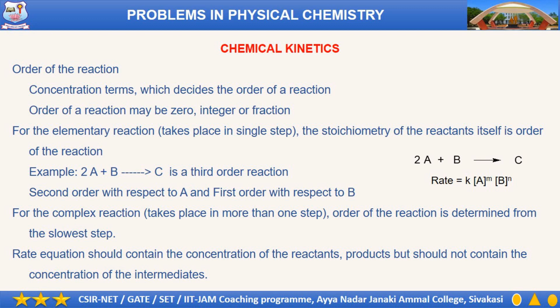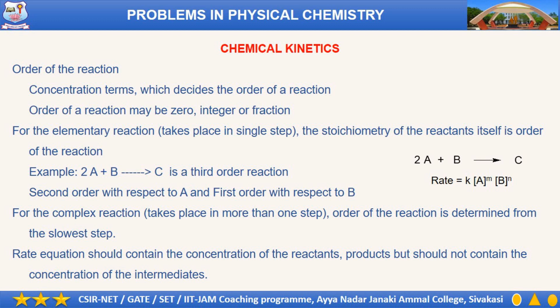But the rate equation should contain the concentration of the reactants and/or the concentration of the product, but it should not contain the intermediate concentration. That is the condition. Therefore, for a complex reaction, you have to derive the rate law equation.